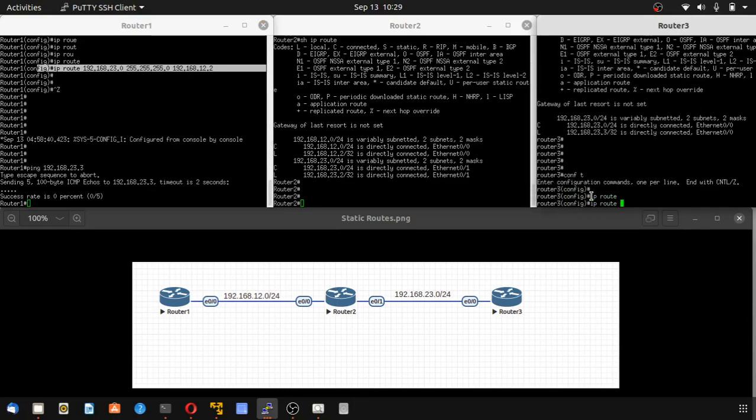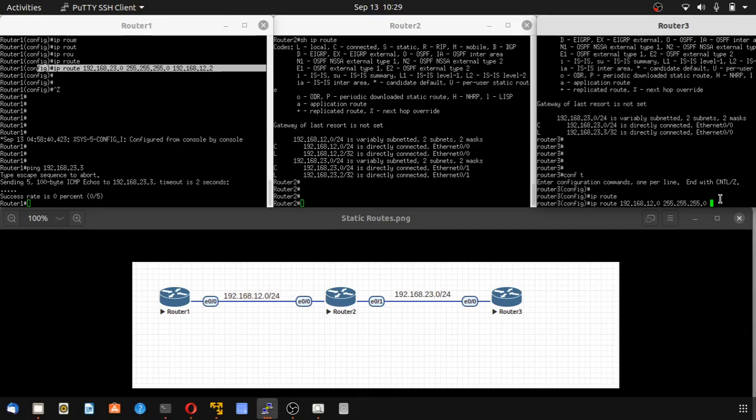So the same command, ip route, but this time the destination would be 192.168.12.0 and the subnet mask is 24. On R1 we used the next hop as the next router's IP address, and we can use the exit interface as well.